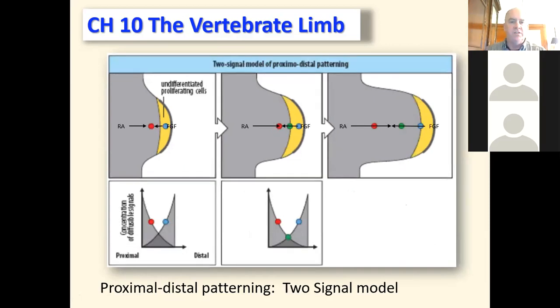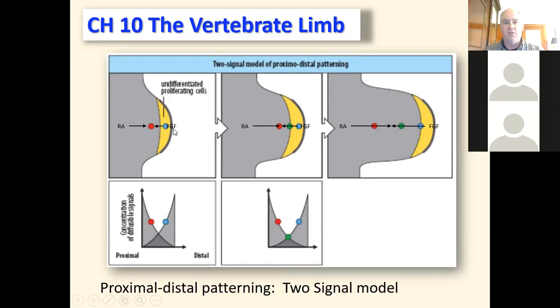The other model is the two signal model, where you've got that FGF coming from the apical ridge, which is going to oppose retinoic acid coming from the trunk, the main part of the body. And we know again from the pre-somitic mesoderm that these two hormones inhibit each other.